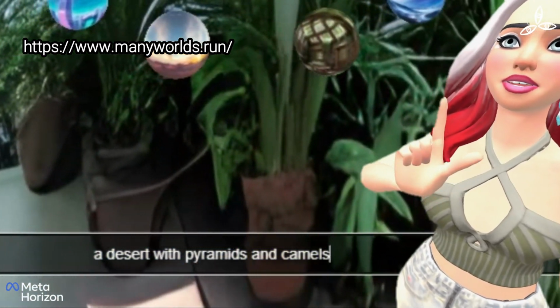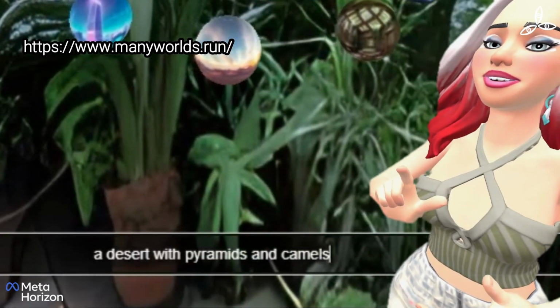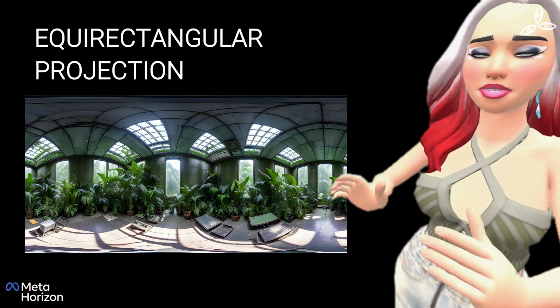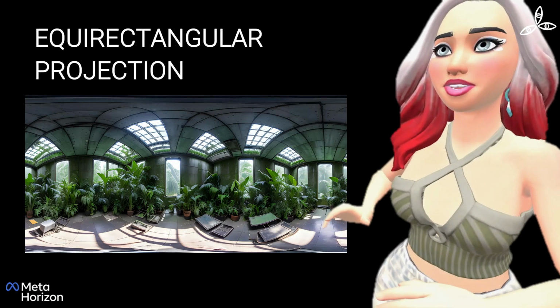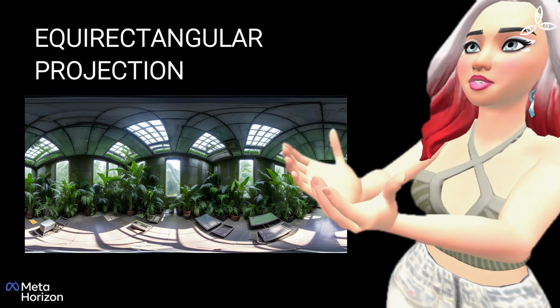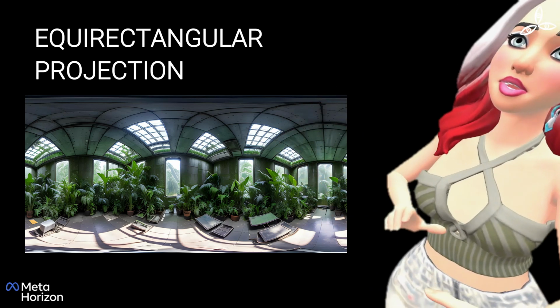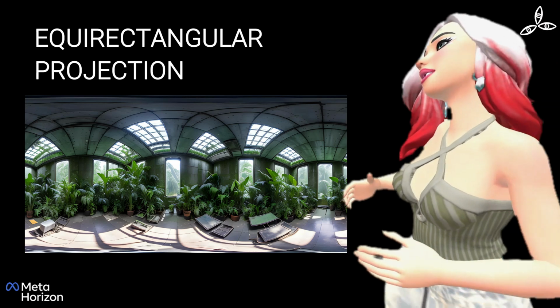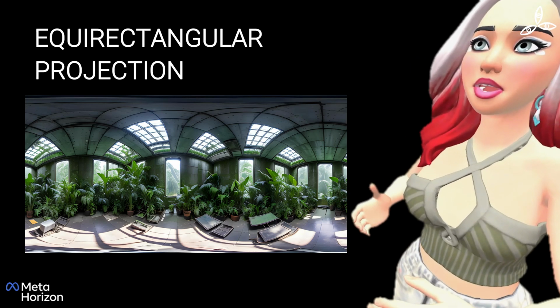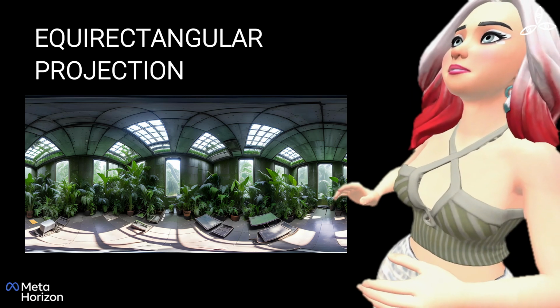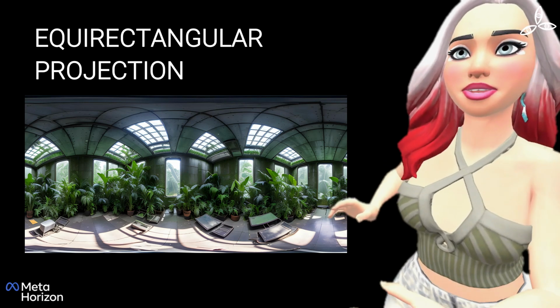That image is known as, get this, an equirectangular projection, which basically means it's a flat rectangular image that you can put onto the inside of a sphere, and it will look absolutely right as rain. So once you've done that, save that image.